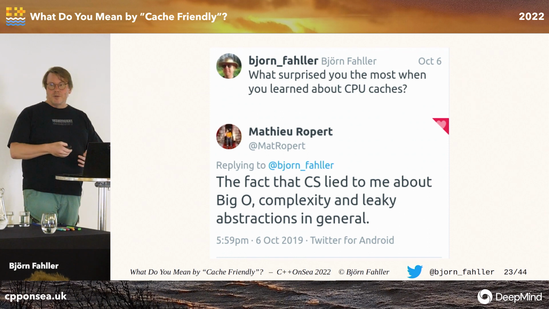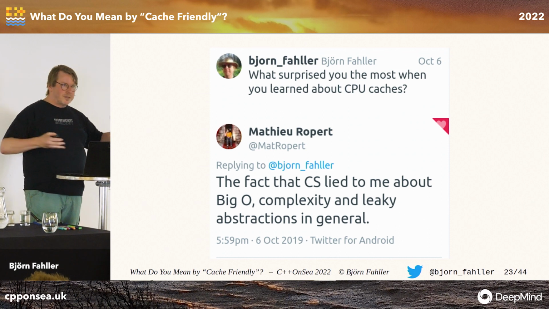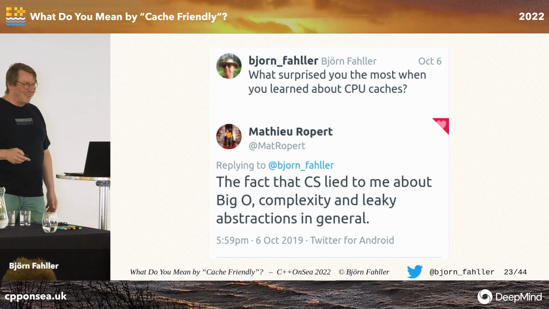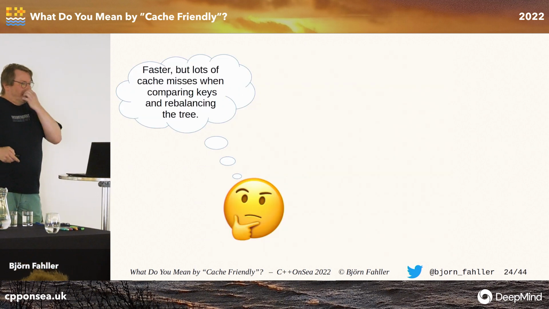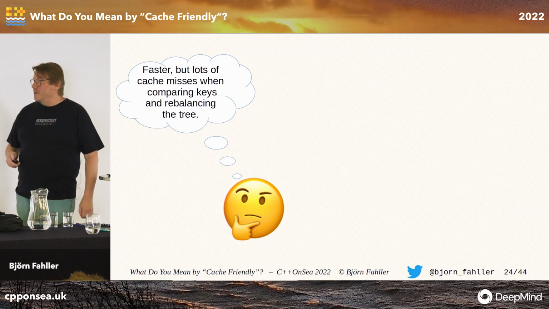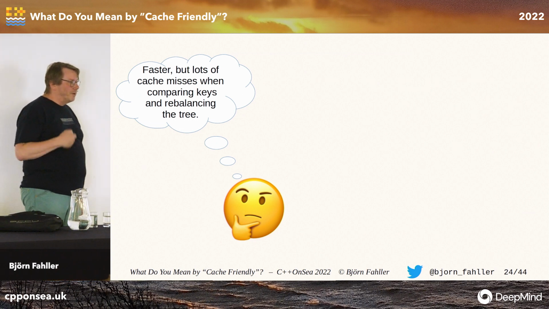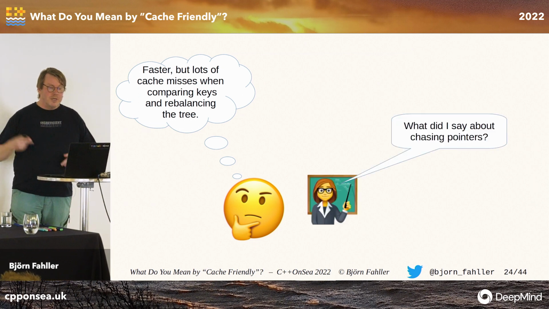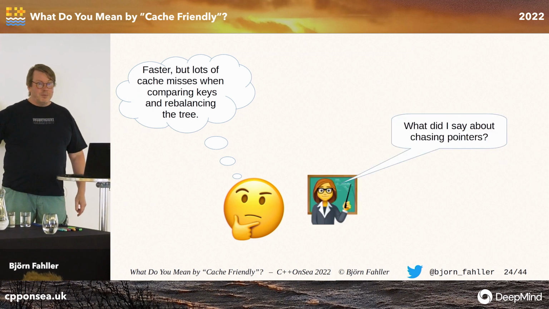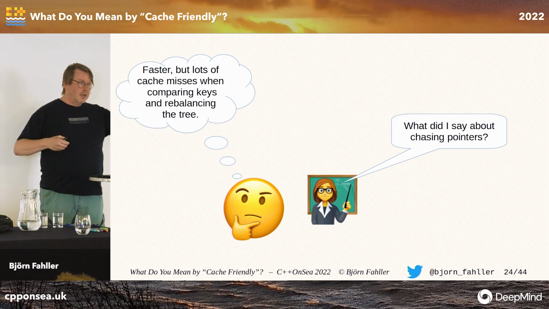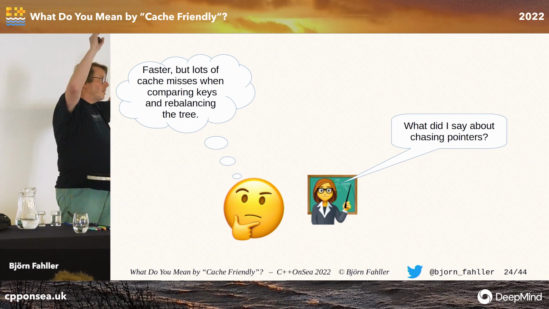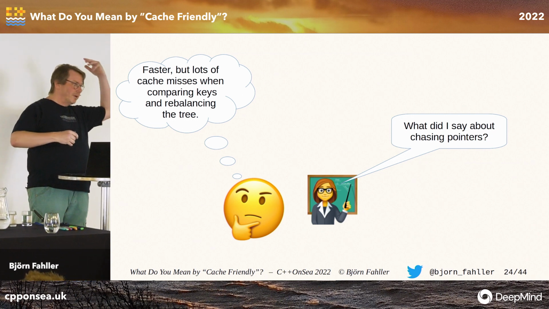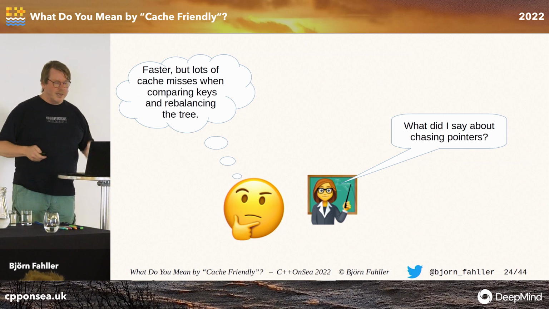When I studied computer science, every memory access was equal. This is not the case anymore. So it is faster, but we have a lot of cache misses when comparing keys and when rebalancing the tree. That makes sense, because we are chasing pointers. We are getting into unknown land and grabbing memory from God knows where into the cache.